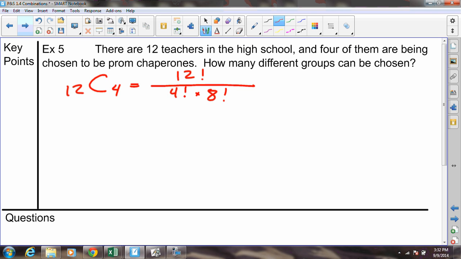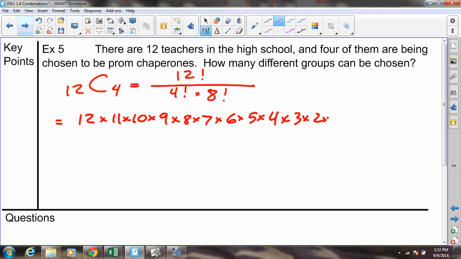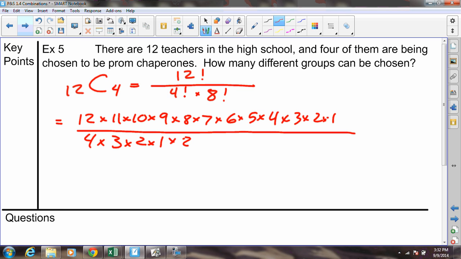Writing this in its expanded format, 12 factorial: 12, 11, 10, 9, 8, 7, 6, 5, 4, 3, 2, 1, over 4, 3, 2, 1, 8, 7, 6, 5, 4, 3, 2, 1. Whew, a lot of writing.